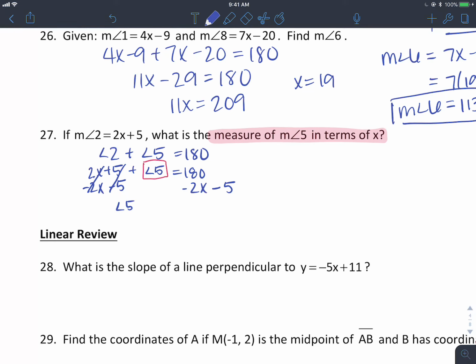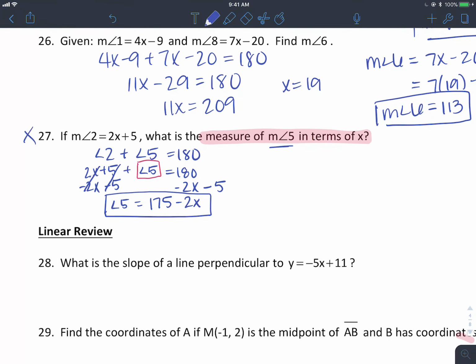So angle 5 is now solved for alone. 180 minus 5 gives us 175 minus 2x. That is the measure of angle 5 in terms of x. Again, that is a great question to know how to do.